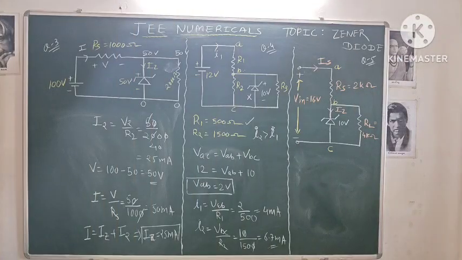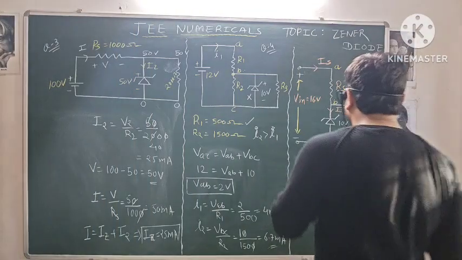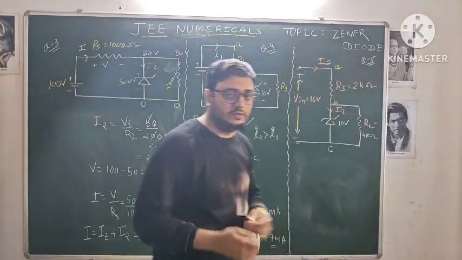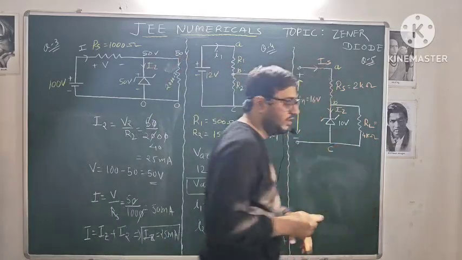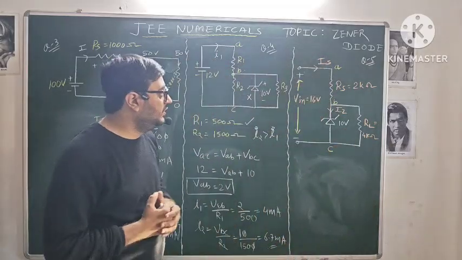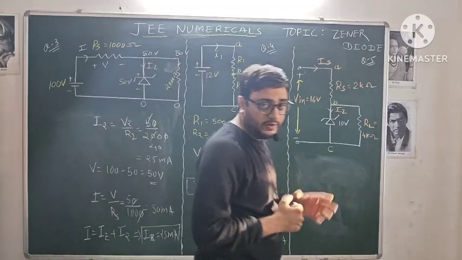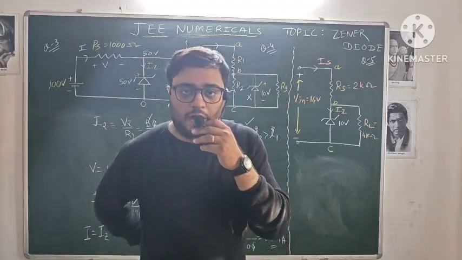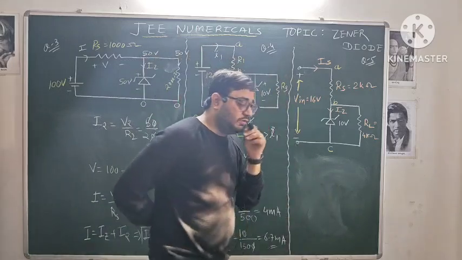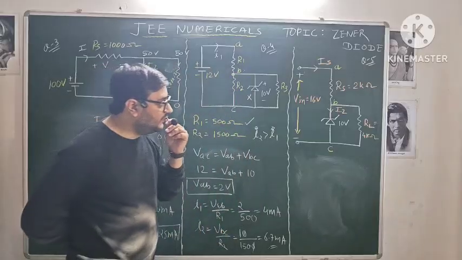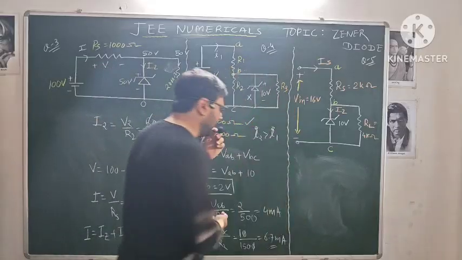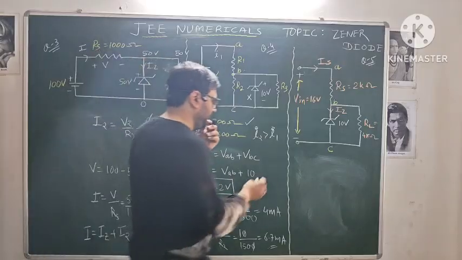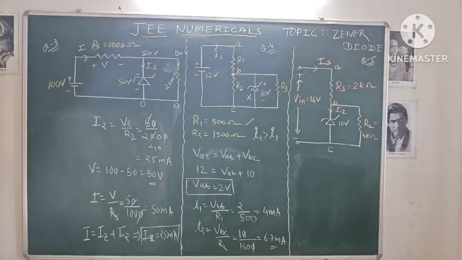Okay. Now next we need to find out the current which is passing through the Zener diode. Now in the fifth numerical we need to find out the current which is passing through the Zener diode. Again we can apply the same methodology.